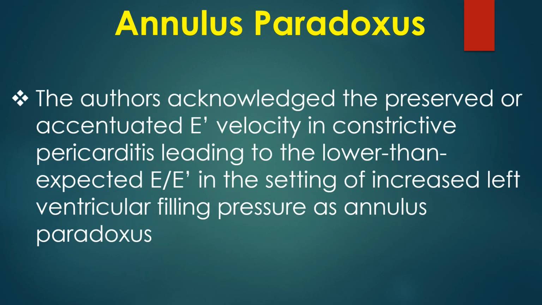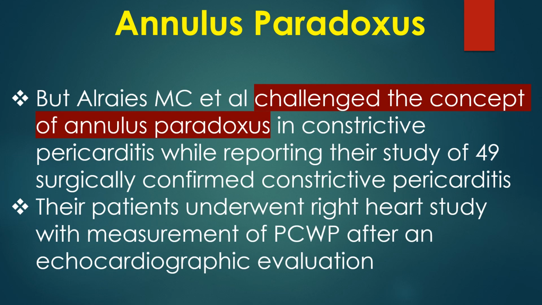The authors acknowledged the preserved or accentuated E prime velocity in constrictive pericarditis, leading to the lower than expected E by E prime in the setting of increased left ventricular filling pressure, as Annulus Paradoxus. But Alirocumab and colleagues challenged the concept of Annulus Paradoxus in constrictive pericarditis while reporting their study of 49 surgically confirmed constrictive pericarditis.